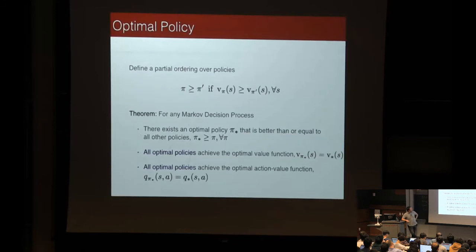The theorem says that for an MDP, there exists an optimal policy pi star that's better than or equal to all other policies. The optimal policies achieve the optimal value function, and all optimal policies achieve the optimal action value function. Okay?